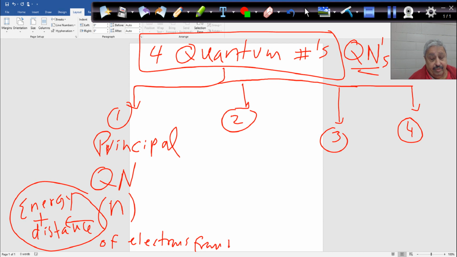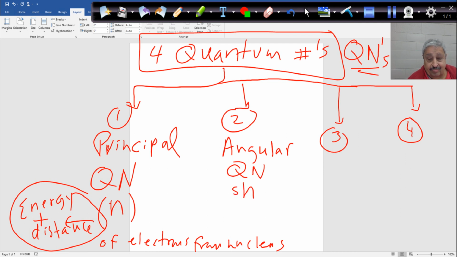The other one is called the angular quantum number. It describes the shape, so it gives us the shape of this electron density.